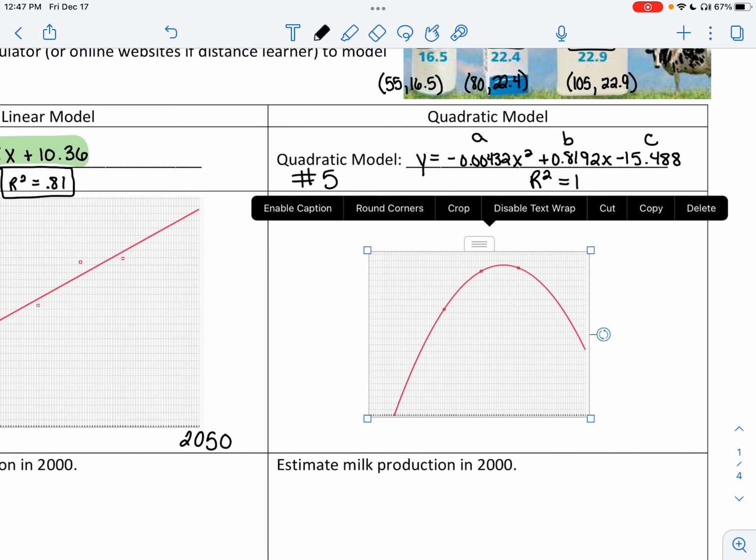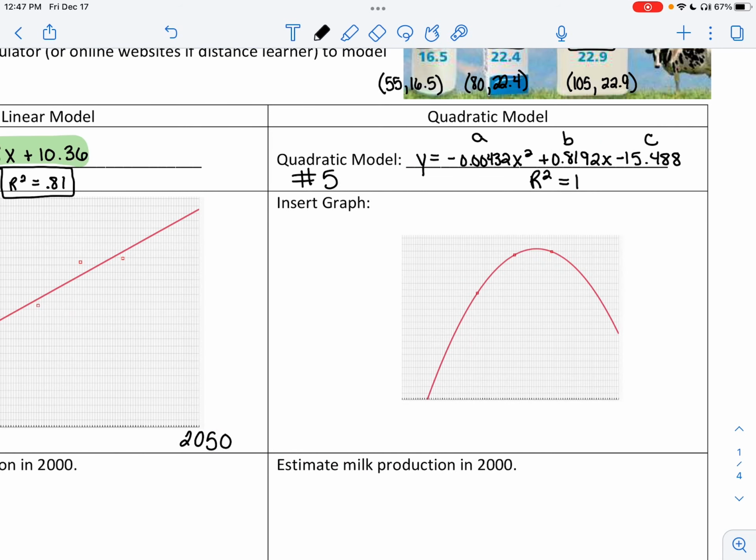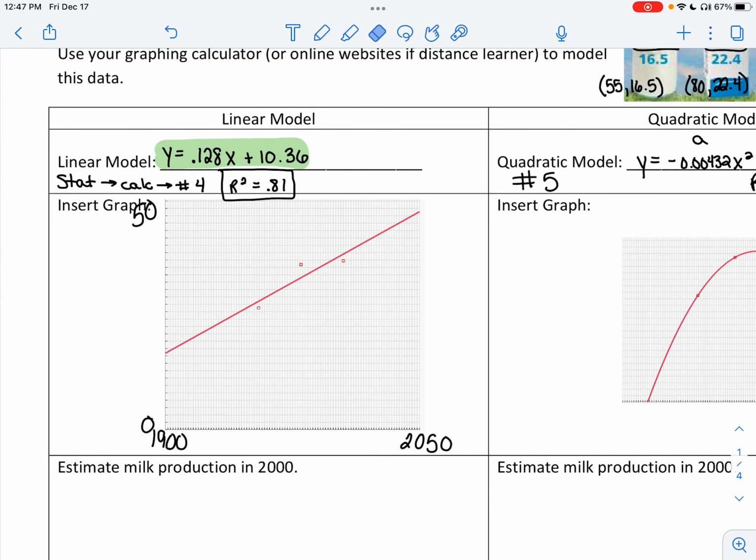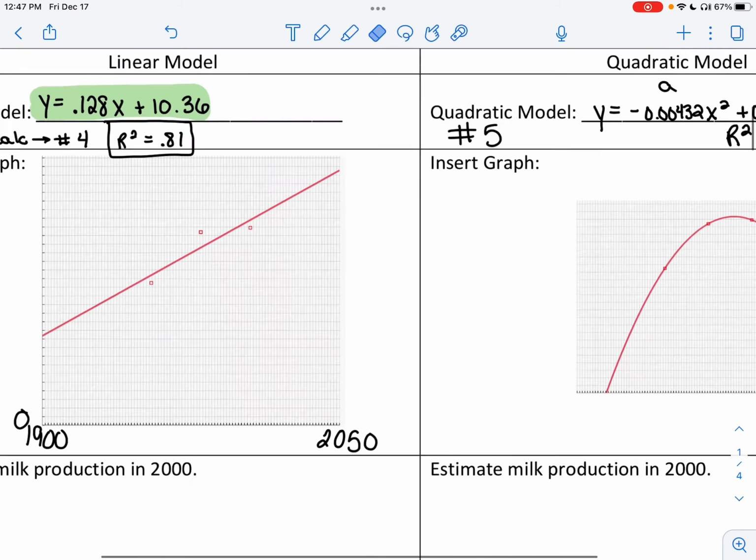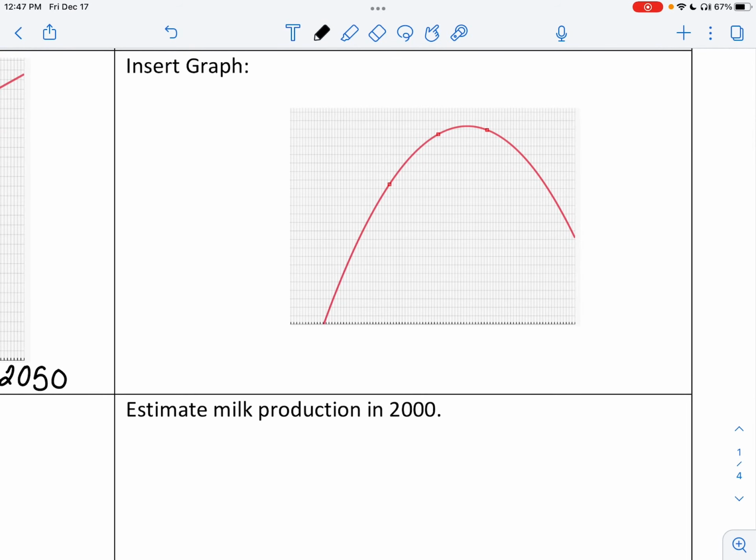Look at those, really nice, look how they go exactly through those points. And over here, guys, I did make a mistake. This wasn't 50 anymore because I had zoomed in. But this is still 1900 to 2050, and that is still billions of pounds.